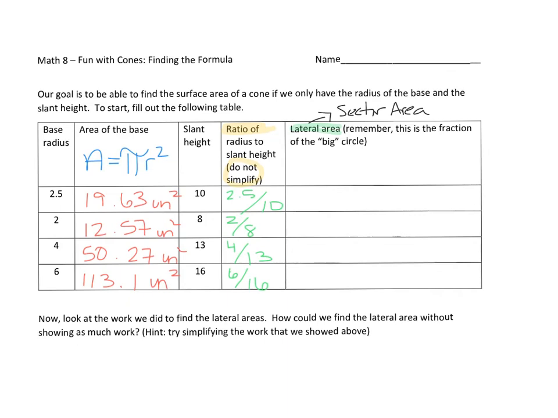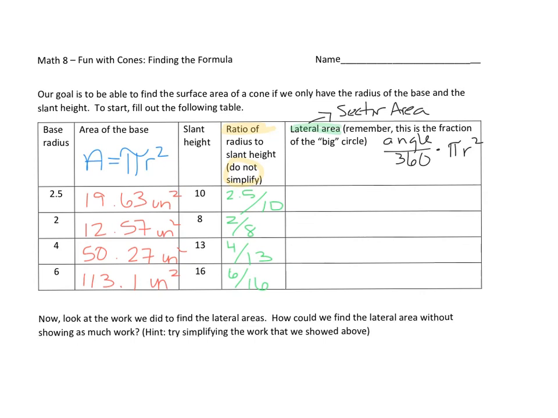This is the part of the cone that you're holding if you were eating an ice cream cone, for example. If you look back at yesterday's worksheet or even just our notes, in order to find sector area or that lateral area, we have our ratio of the angle over 360 times pi r squared.